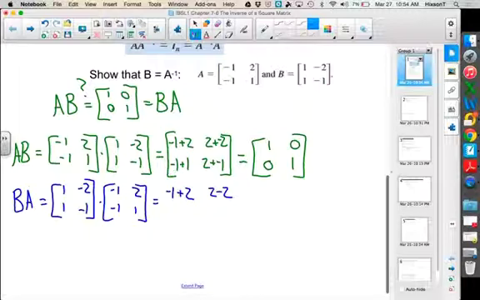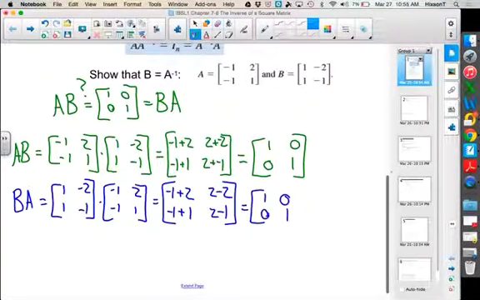Then we have negative 1 plus 1. And then we have 2 minus 1. Once again, we get 1, 0, 0, 1. So, therefore, B is the inverse of A.